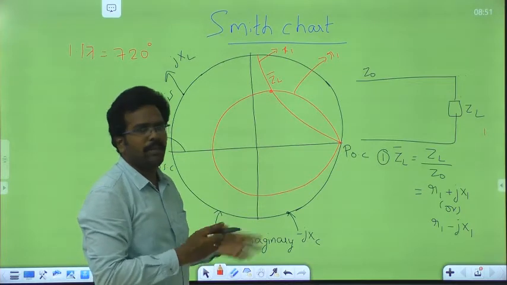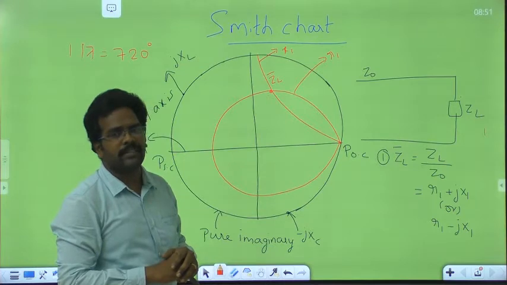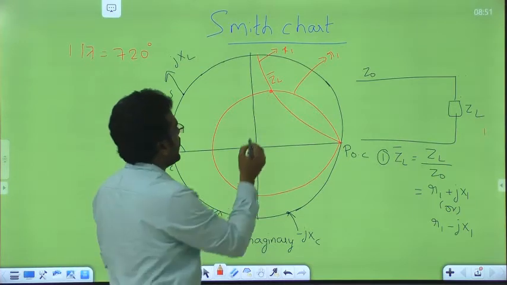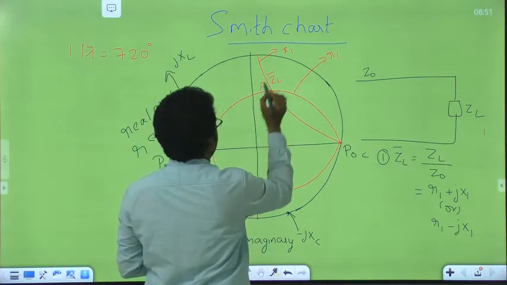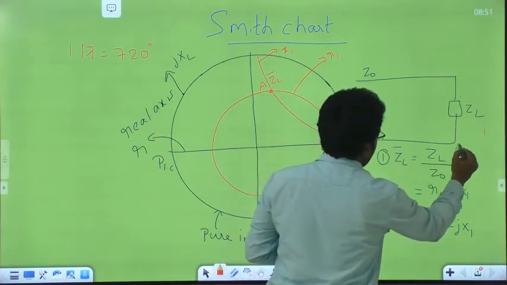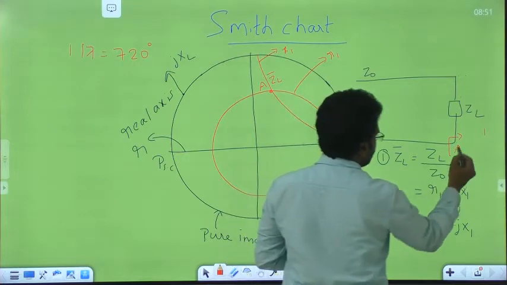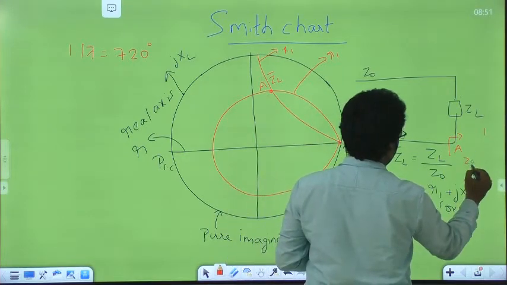For any problem, the first step is plotting the normalized load impedance on the Smith chart and naming it as some point A. So this is point A. At this point, the impedance is your ZL bar.